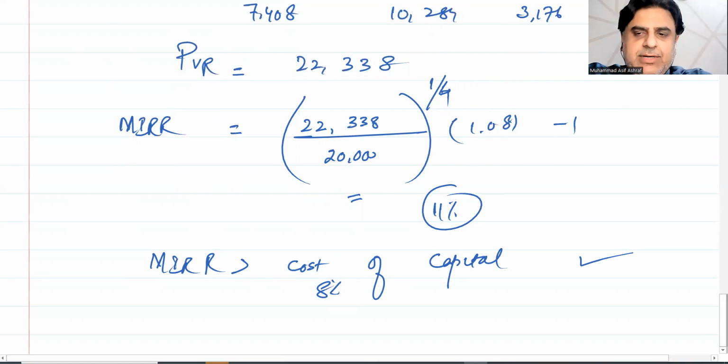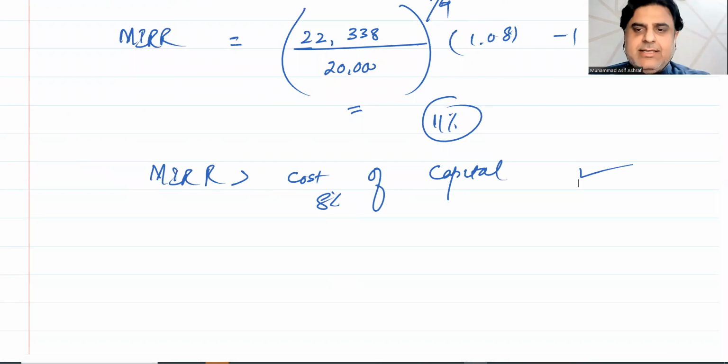Now, what is the difference between IRR and MIRR? The difference is in the assumptions. What assumptions are you taking?